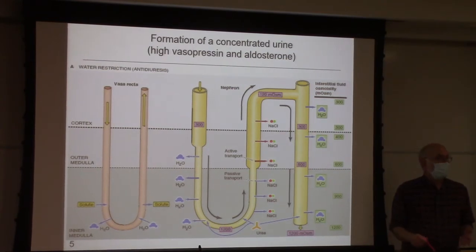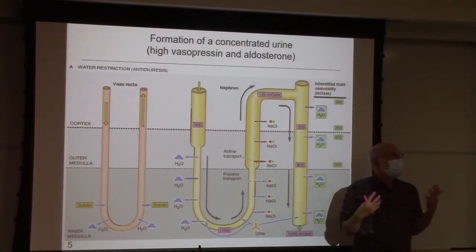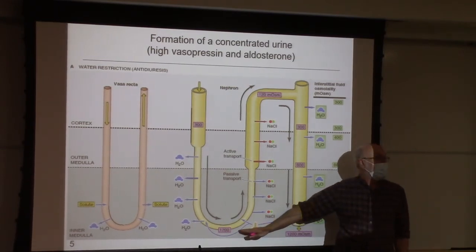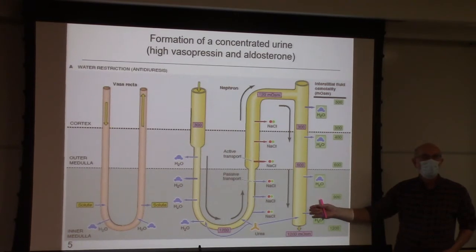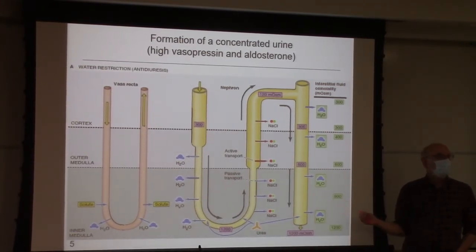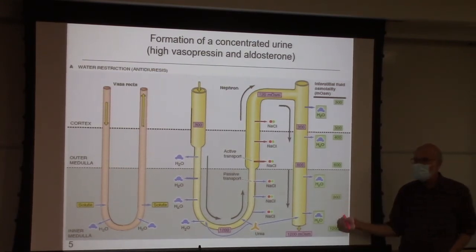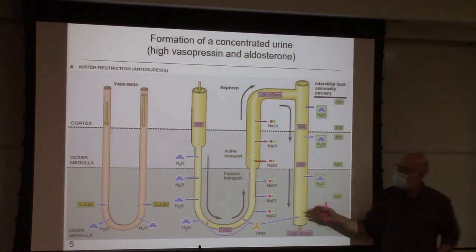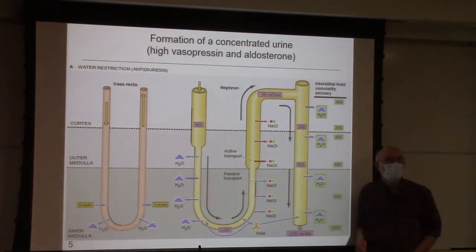And in fact it will. But the point is, this machinery is working at full steam to maintain this gradient, even as this tubule is using that gradient to pull water out of the fluid. And so this water ends up going into the vasa recta to get recirculated back into the body.